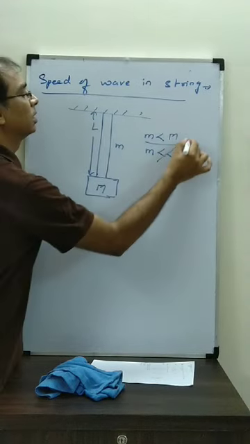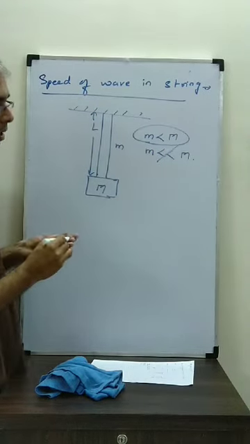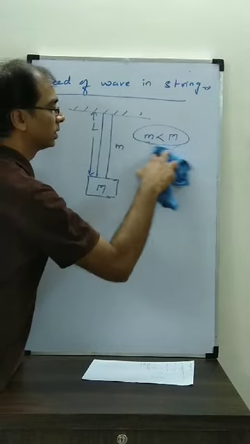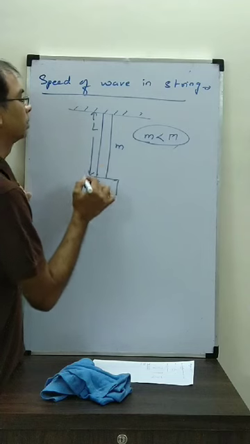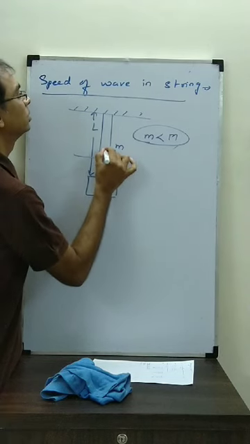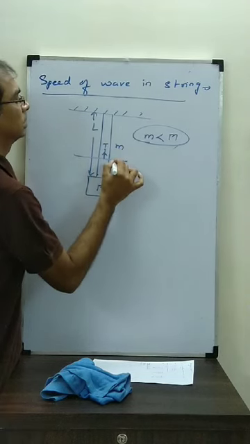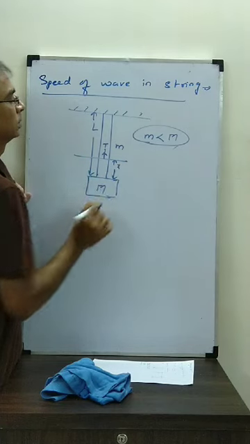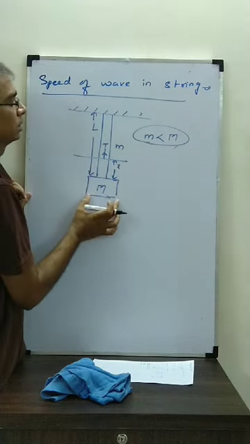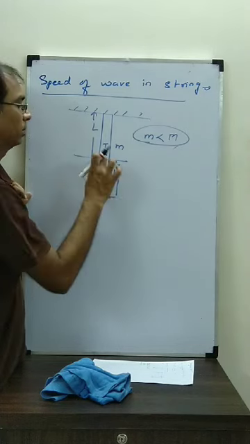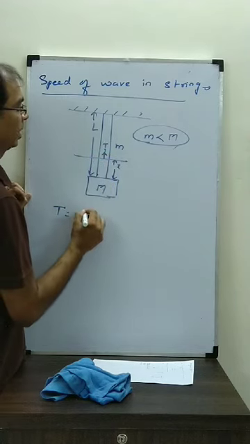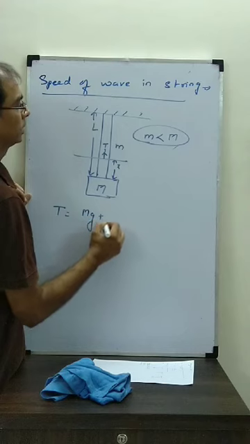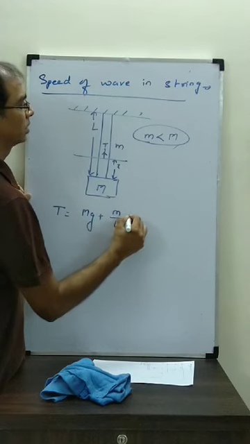That means it's a considerable mass. You cannot ignore it. Now in this case, what will you do? The first thing, again very similar, you find the tension at this point, considering this is x. So what will be the tension over here? This entire mass plus this mass. So this tension is mg plus M by L xg.